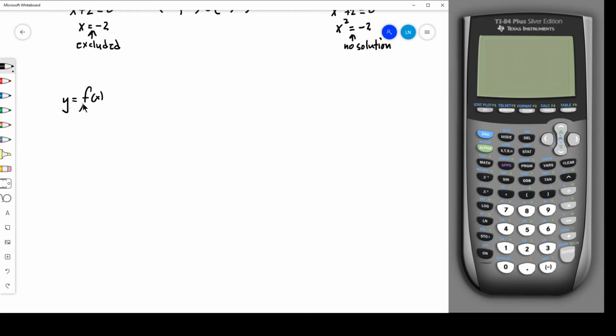F is the name of the function. I'm calling my function f. What's inside the parentheses indicates the domain variable. So this is the domain variable. What's on the other side here is the range variable.